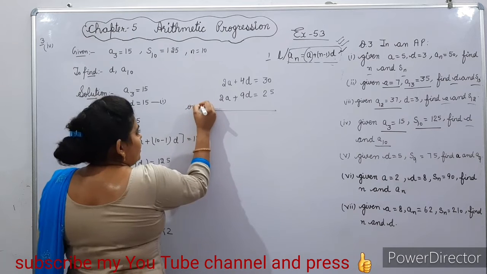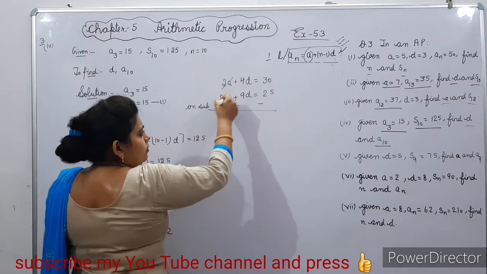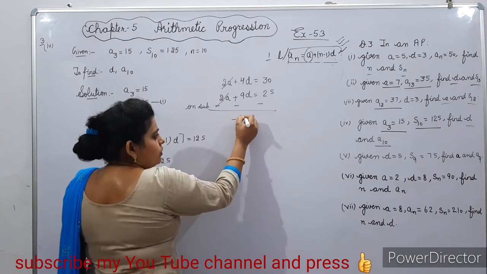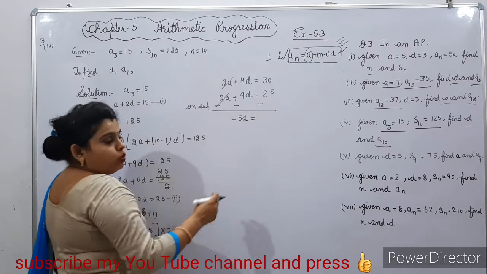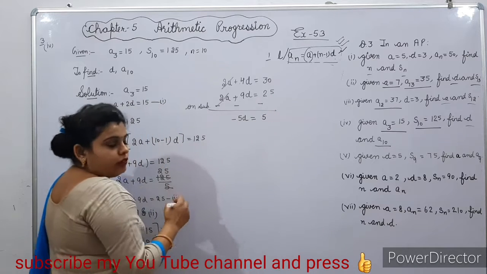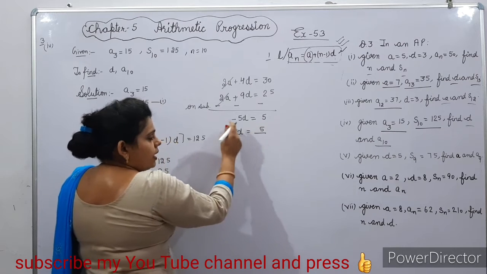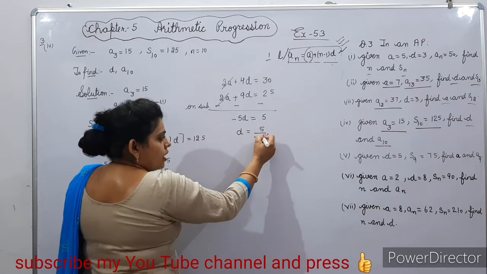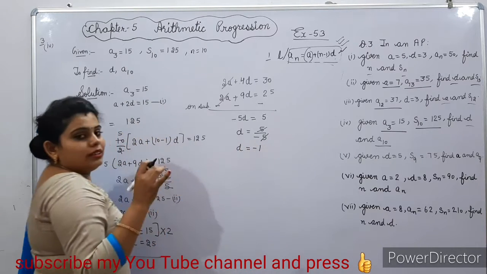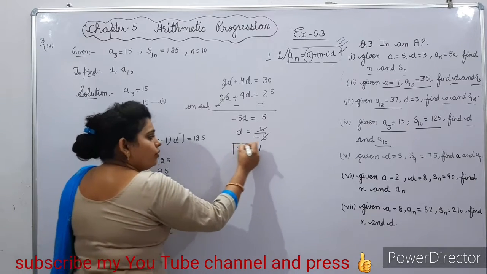On subtracting, 2a minus 2a cancels out, 4d minus 9d means minus 5d, and it is equal to 30 minus 25, which means we get 5. So d is equal to 5 divided by minus 5. The 5s cancel out, d is equal to minus 1. So this is the first answer of this question, d is equal to minus 1.